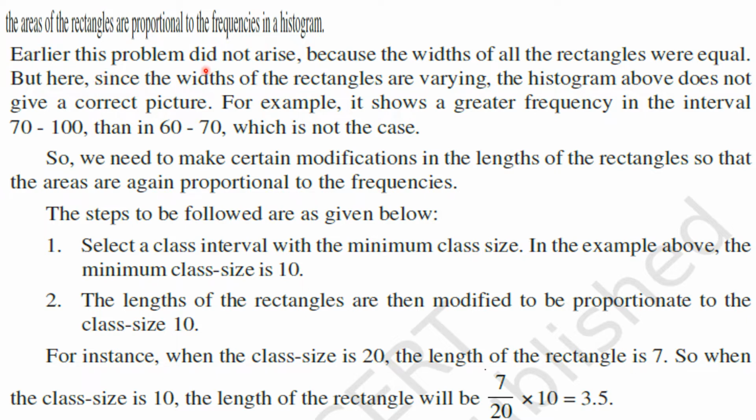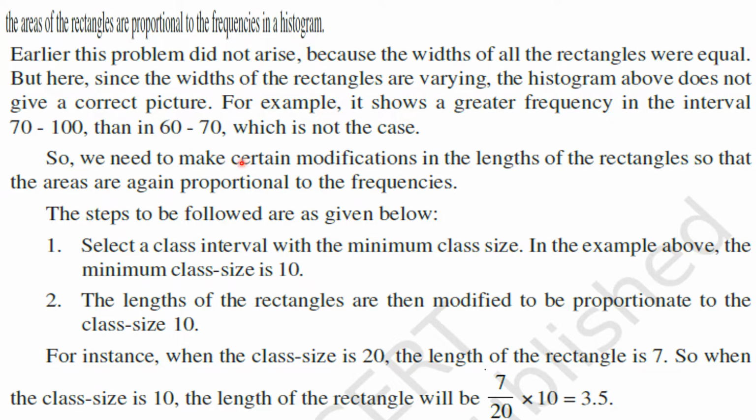Earlier, this problem did not arise because the widths of all the rectangles are equal, meaning the sizes of the class intervals are equal. But sometimes in the frequency distribution, they will give the class intervals with unequal sizes. In this case, how to construct a histogram?